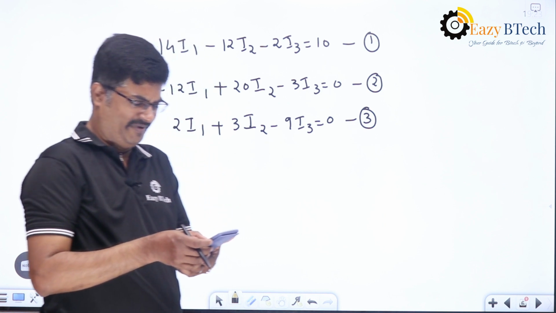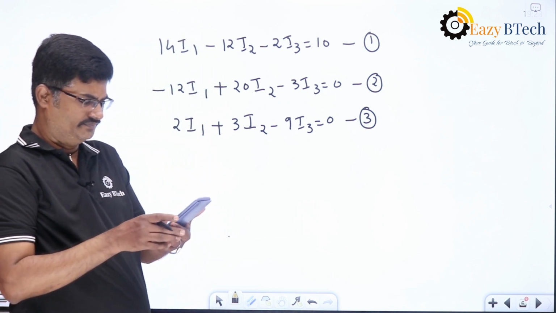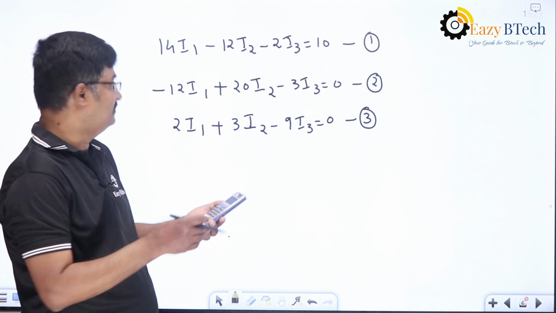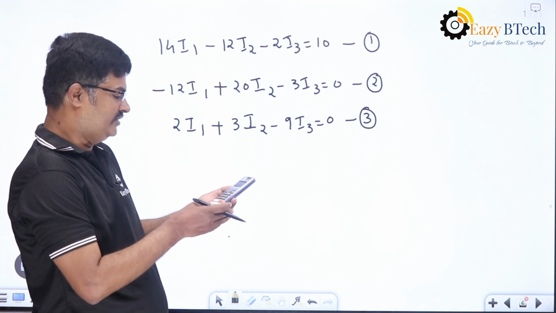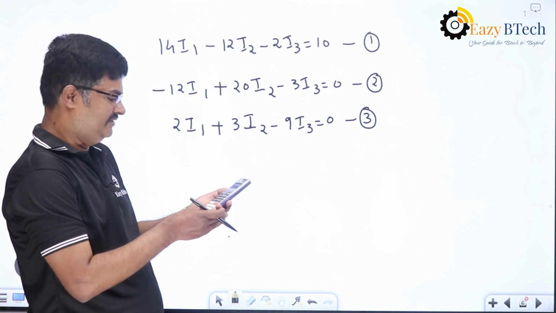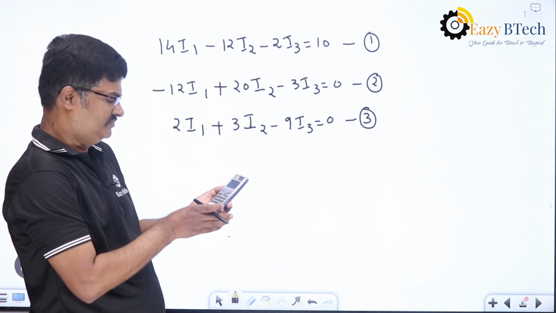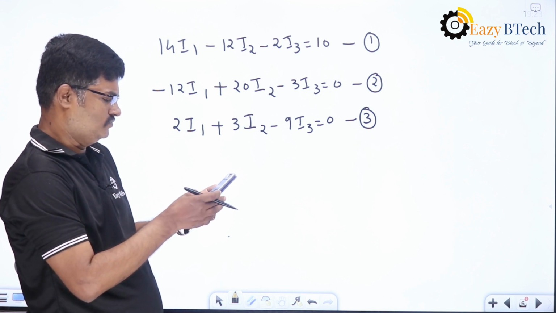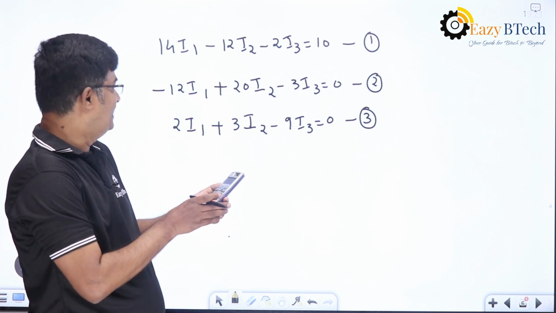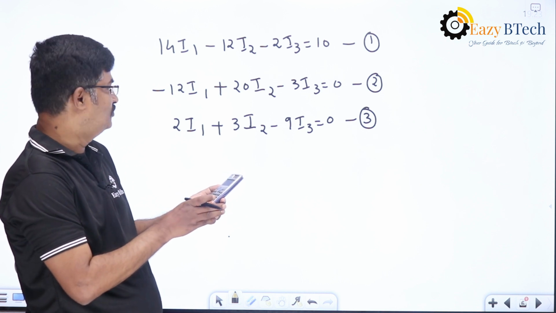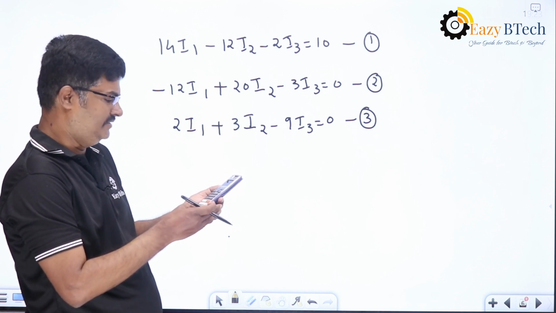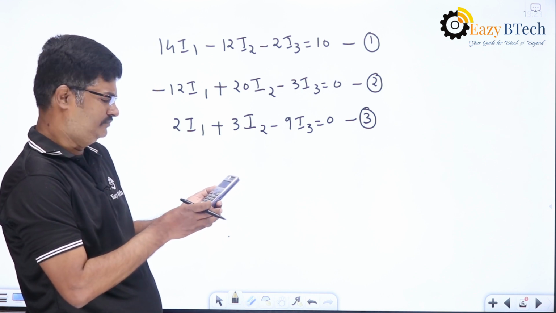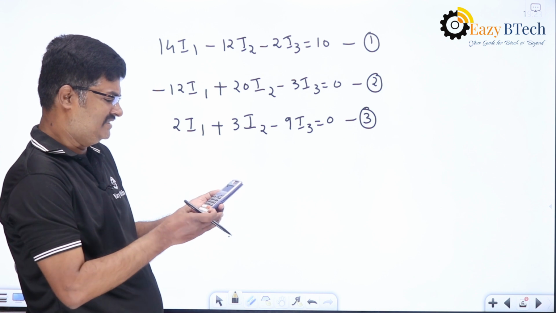So here I will be using my calculator with three unknowns: 14, minus 12, minus 2, 10; minus 12, 20, minus 3, 0; 2, 3, minus 9.